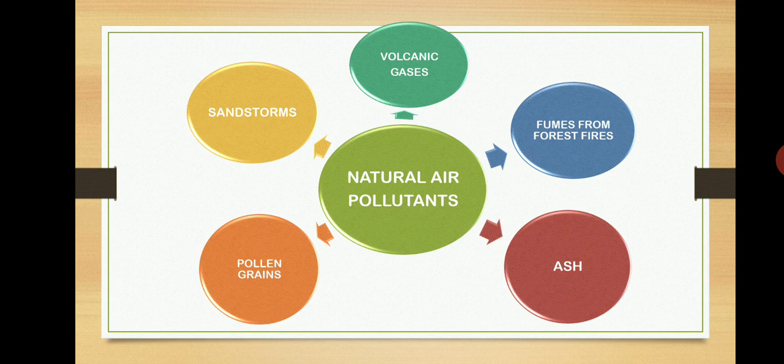Natural air pollutants are pollen grains, sandstorms, volcanic gases, fumes from forest fires, and ash. Repeat with me now.